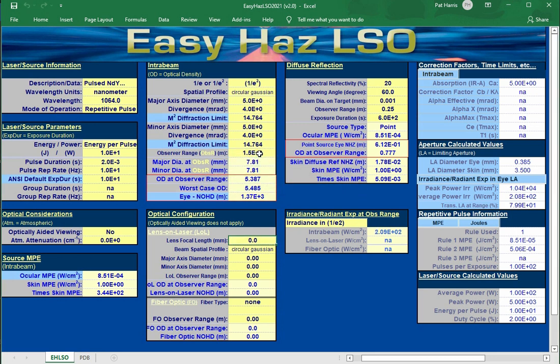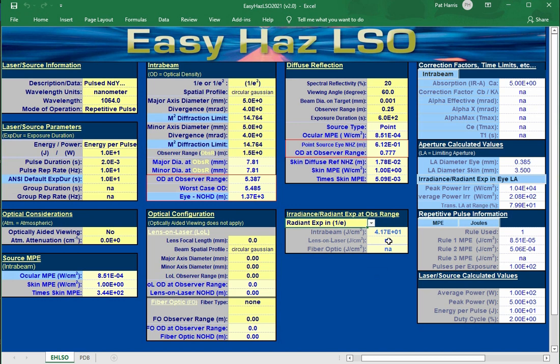Okay, and then come down here and take a look at my information. I want to look at the irradiance in 1 over E. So my barrier needs to withstand 417 watts per square centimeter, and it also needs to be able to withstand 41.7 joules per square centimeter.